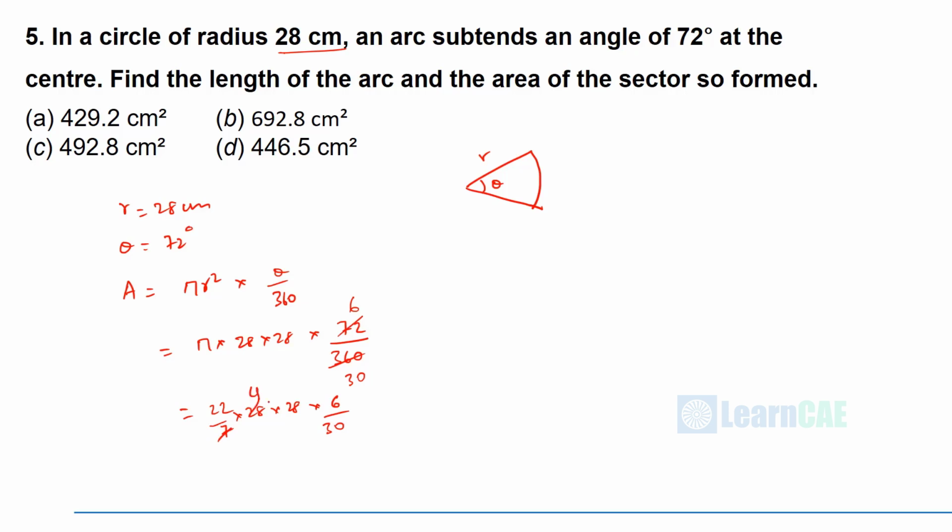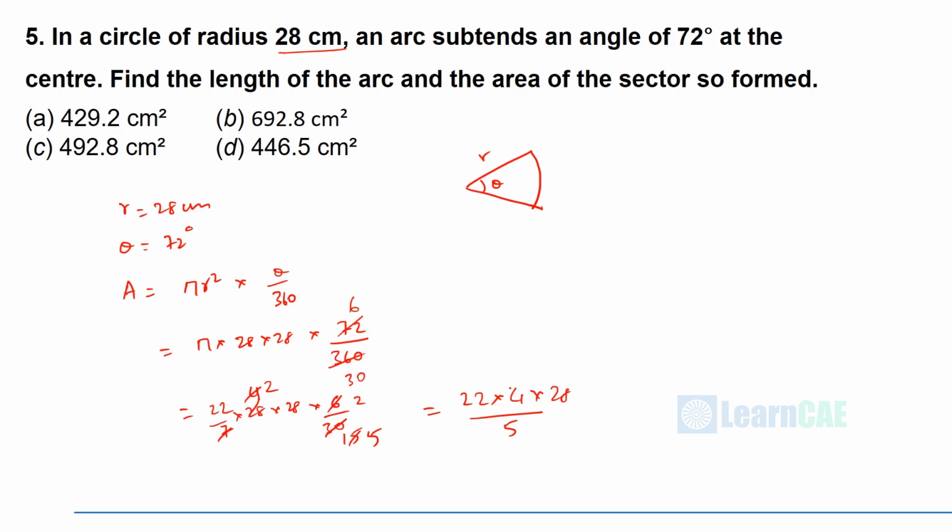This will go 4 times. This will go 2 times 15, and this will be 2 times and 5 times. Let us rewrite this. It is 22 into 2 into 28 into 2. So it is 4 into 28 divided by 5.